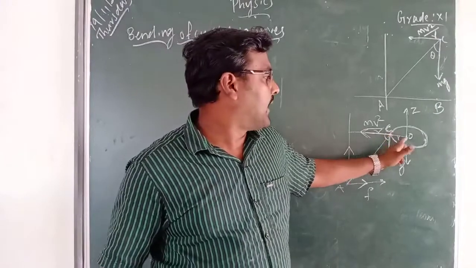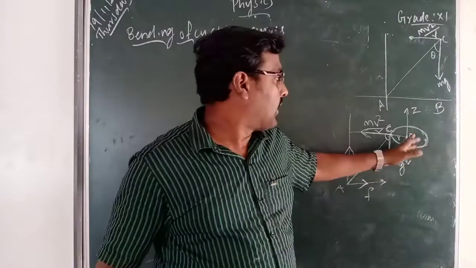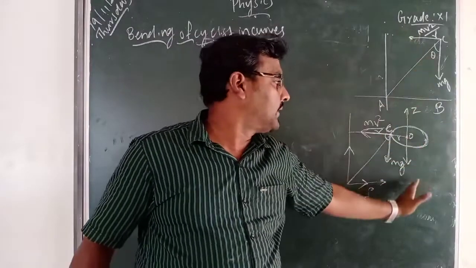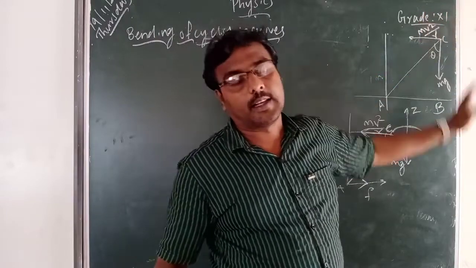You can see the line OC on the x-axis, and a vertical line passing through O, that is the z-axis.